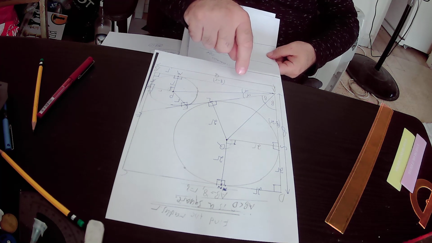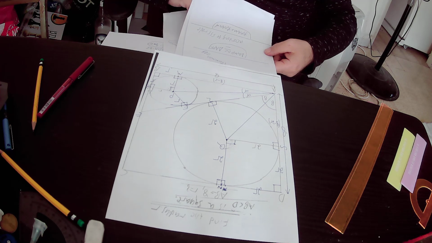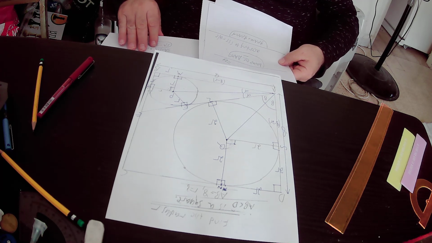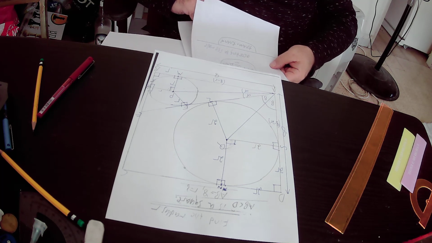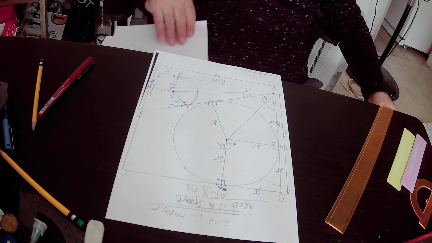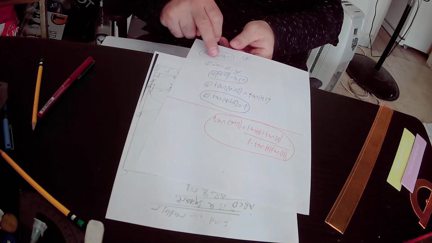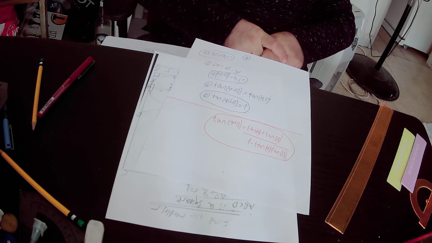That is to say, 2 alpha plus 2 beta equals 90 degrees. If 2 alpha plus 2 beta equals 90 degrees, we divide this equality by 2 and we get that alpha plus beta equals 45 degrees.